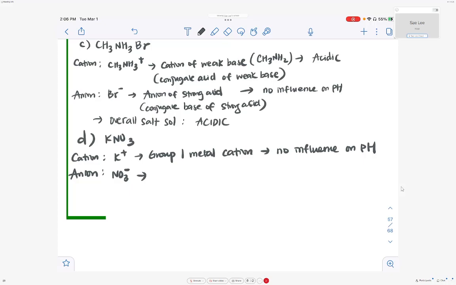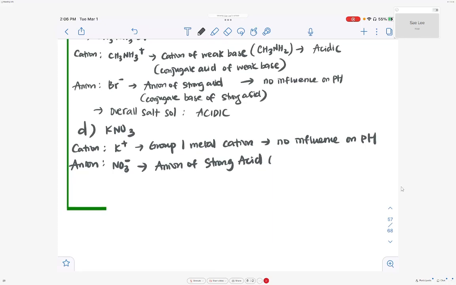Nitrate is an anion of strong acid, or conjugate base of strong acid.